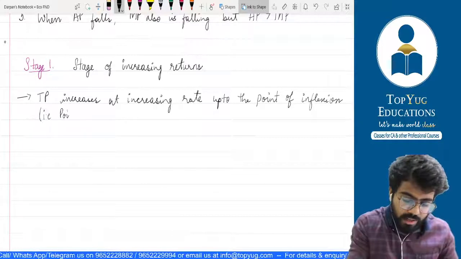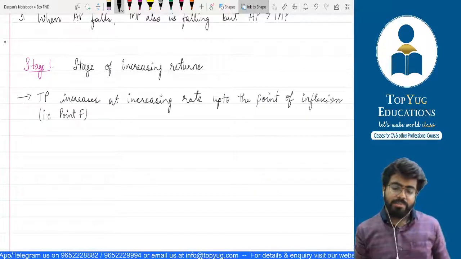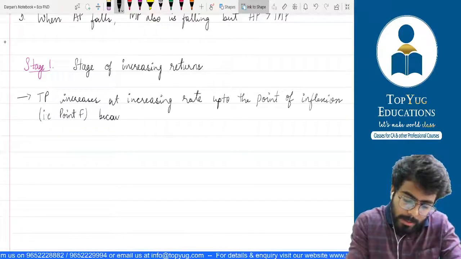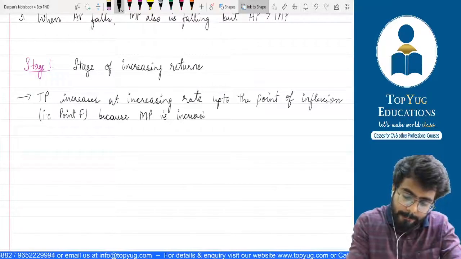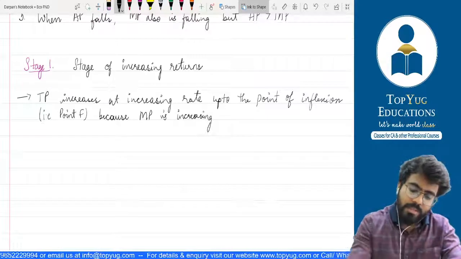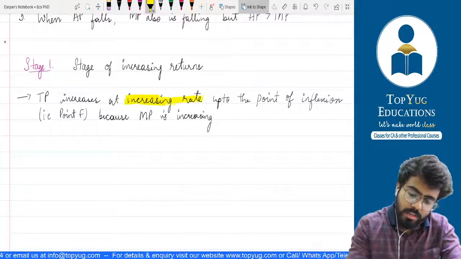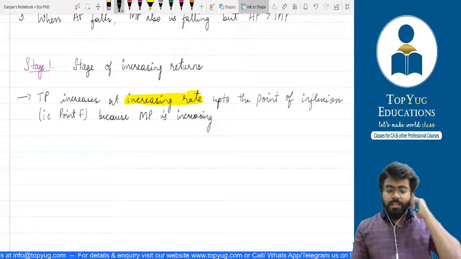That is point F. Why? What is the reason? Because MP is increasing. You can underline increasing rate. Correct?